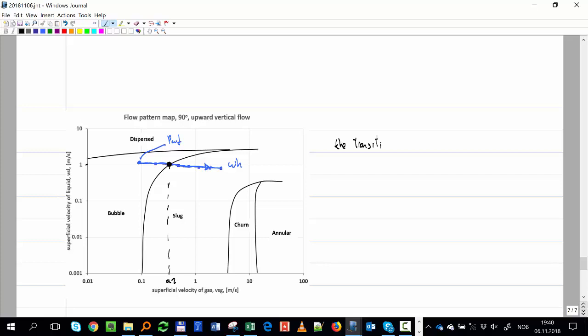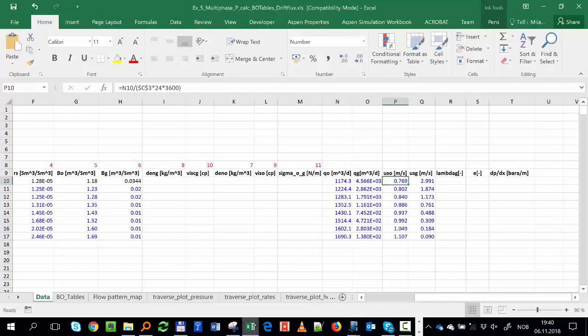The flow pattern transition between bubble and slug will occur at USL around 1 and USG around 0.2 meters per second. Okay, so we can find exactly.